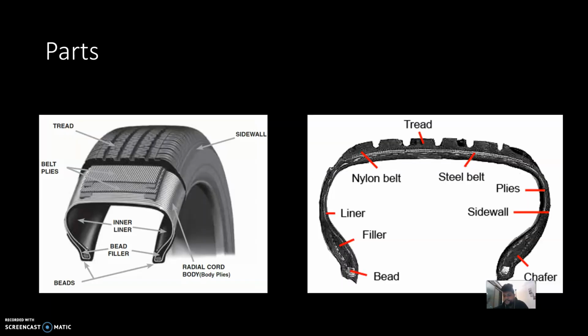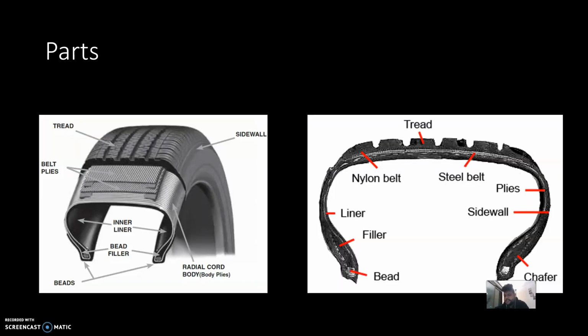It's a thin layer of rubber that is bonded to the inside of the plies, and provides a leak-proof membrane for tubeless tires. Belts. They are used to strengthen the body plies and stiffen the tread, and lie between the tread and plies.